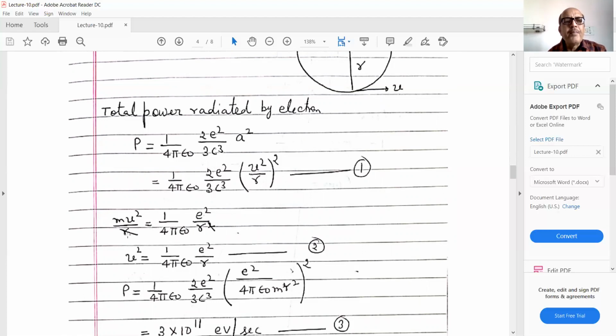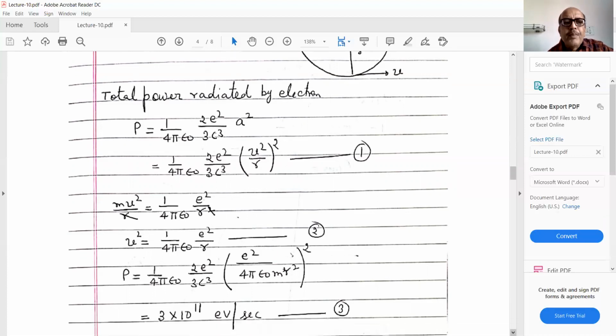So mv square by r becomes 1 upon 4 pi epsilon 0 e square upon r square. I am considering the hydrogen atom case. And in case of hydrogen, we have one proton in the nucleus which has a similar charge to the electron. That is why we have e square here. So we now cut one r from both sides, and then v square becomes equal to 1 upon 4 pi epsilon 0 e square upon m r. We substitute it here and put back into our formula.